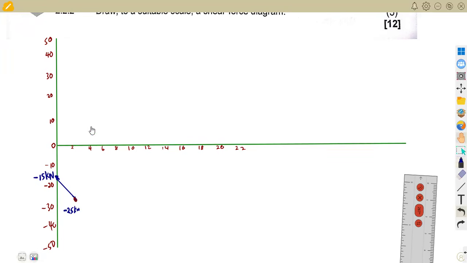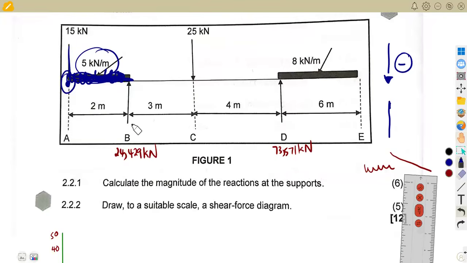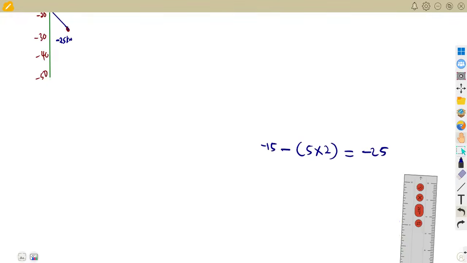Then what is happening after this at 2? We've got B, which is a support. A support is always going up. It's a positive and it goes vertically up. So you're going to add 24,429 in this case to this value that we are having, because remember, we are at negative 25.